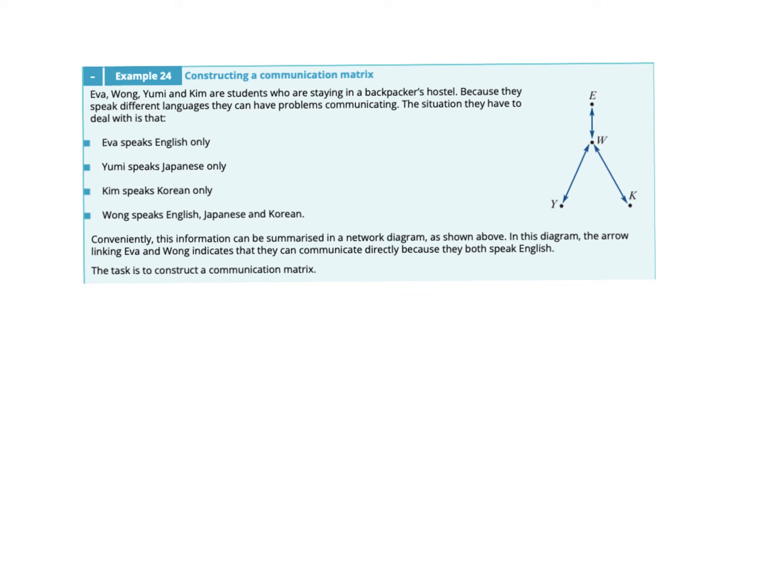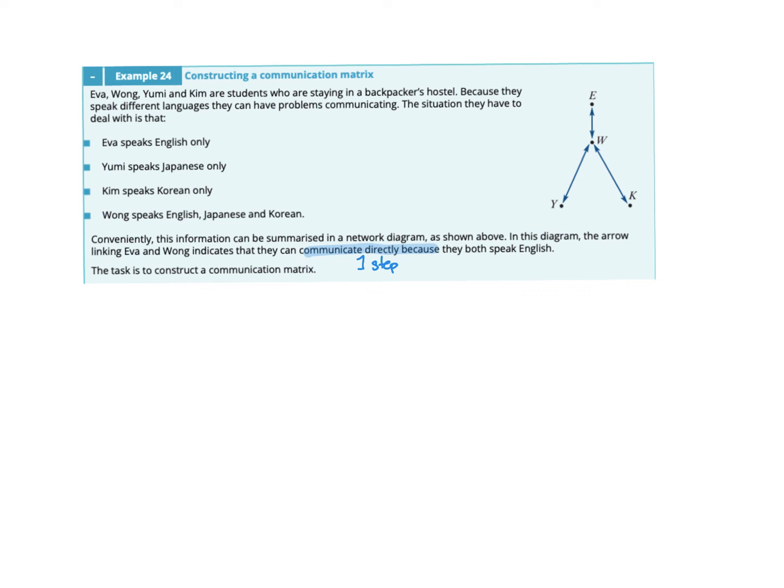Conveniently, this information can be summarized in a network diagram as shown above. In the diagram, the arrow linking Eva and Wong indicates that they can communicate directly with each other. That is 1-step communication, and they both speak English.